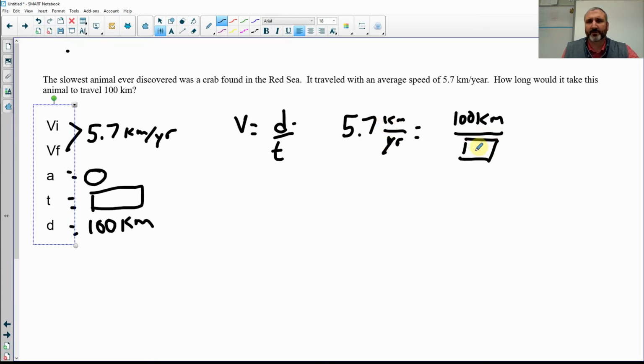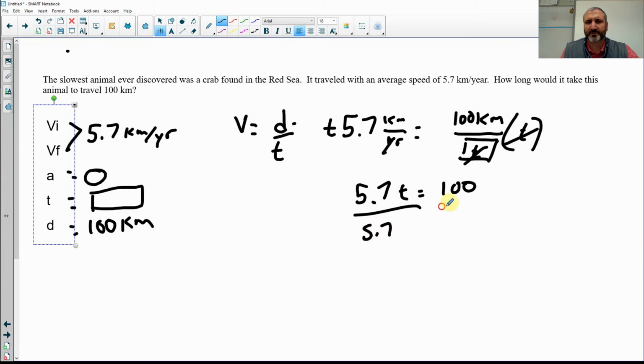I'm going to make this a t. We're going to multiply both sides by t because we have a variable in the denominator. So the t's cancel, and we're left with 5.7t equals 100. We divide both sides by 5.7.